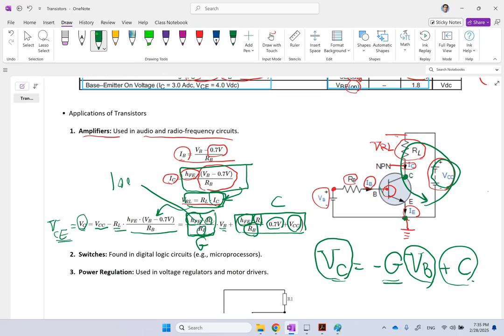So if you make your RB smaller than the load resistance, quite a bit smaller, right? Because the load is not under your hand, but the base resistance is under your hand. So if you make that even smaller, you can get a huge magnification, a huge gain. Okay, so you see that easily this NPN is used to magnify your voltage. And so it is used as an amplifier.